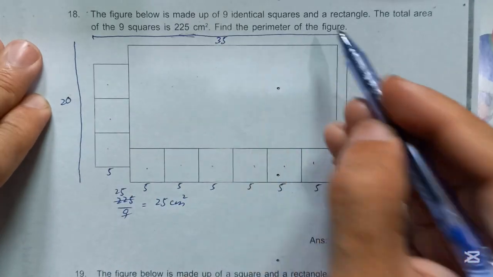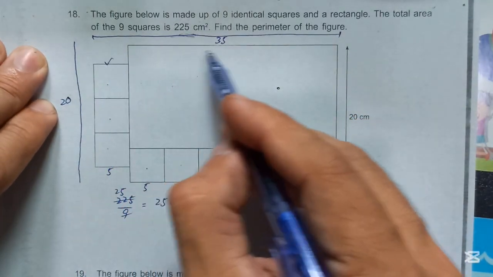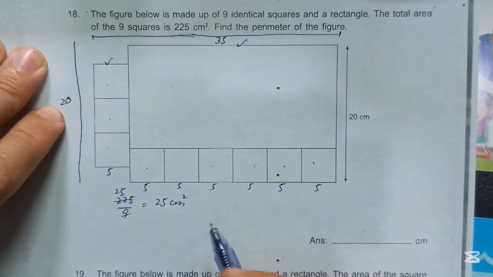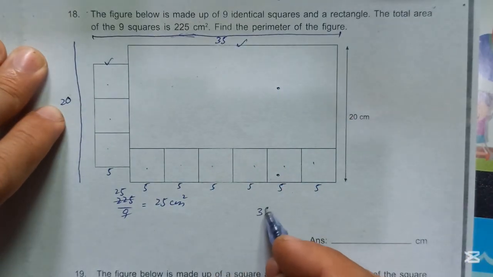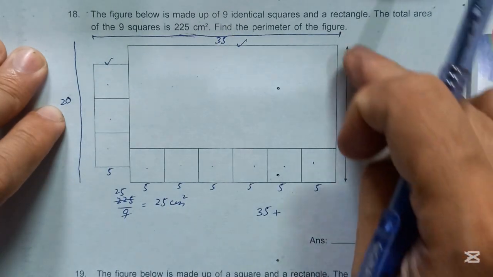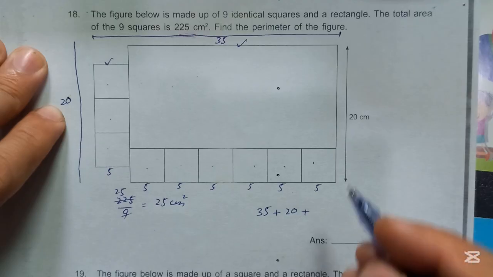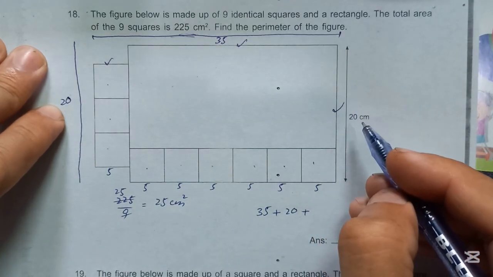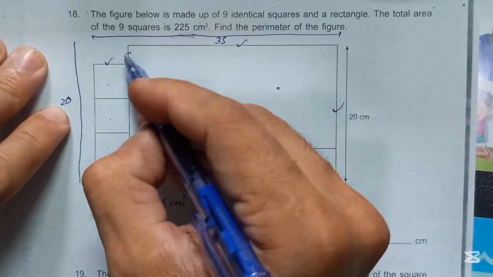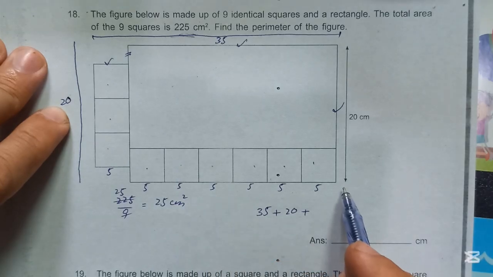So now the requirement is to find the perimeter. So this side plus this side will make 35. So this upper portion is done. This is 20. Okay, this total is done. This is still left.